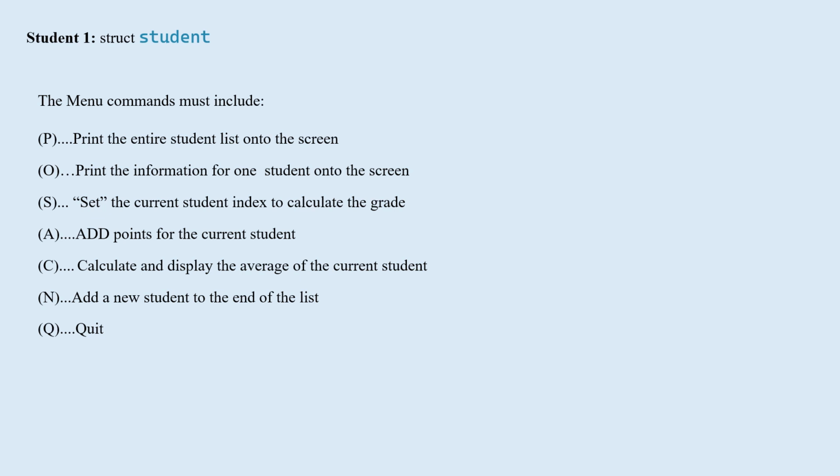So again, these are the menu commands. We are going to be able to print your list onto the screen, so you'll be able to implement this right away and test it because you've got 5 students. We're going to print the information for 1 student, and you're going to have the user enter the index in order to find which student you want to print.